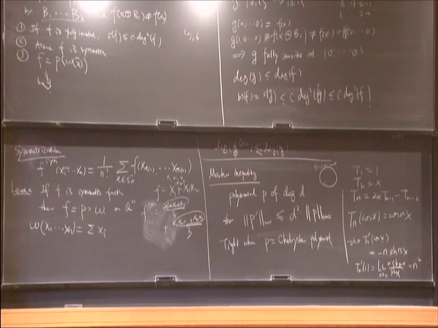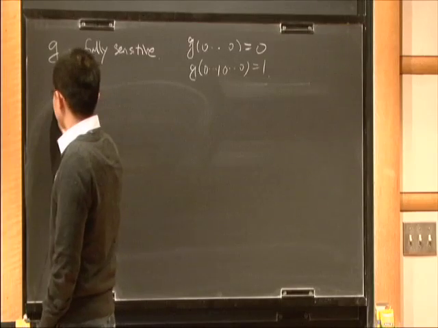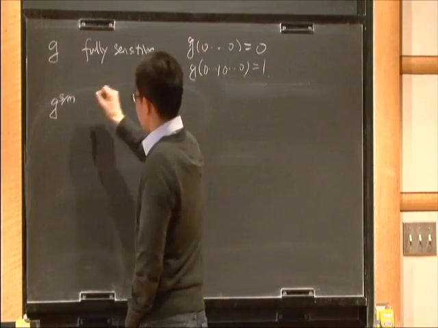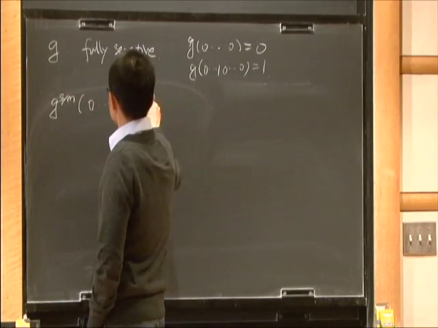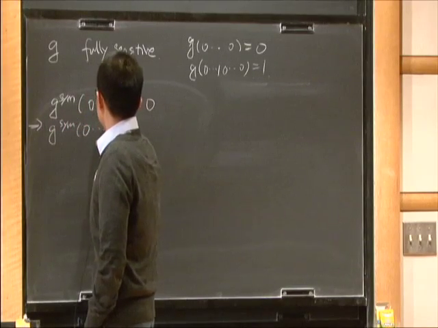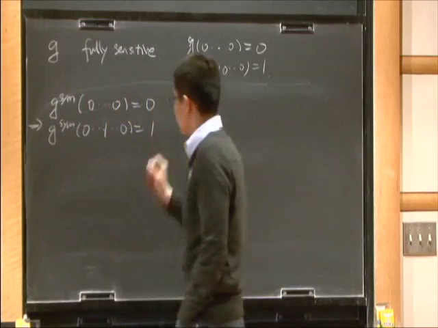And if you flip only one coordinate, you get 1. So if you apply this symmetrization, again, it has this property. It goes to 0, and if you flip one coordinate, it's equal to 1.